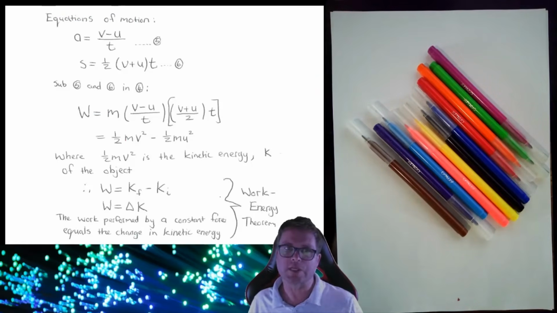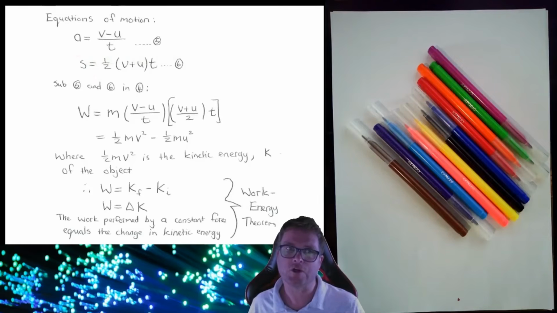We can also use the equations of motion to continue with the derivation. The one equation we're going to use is that the acceleration is v minus u over t. This is just a reworking of the equation v is equal to u plus at. We've rearranged this equation to make a the subject.